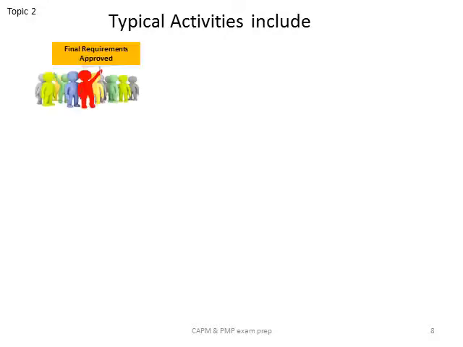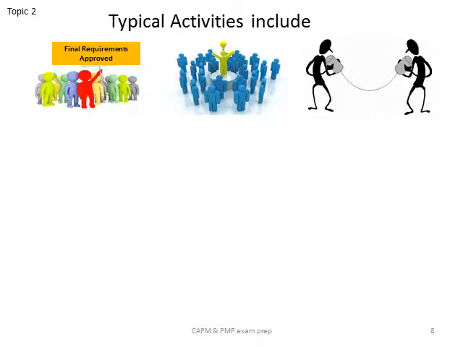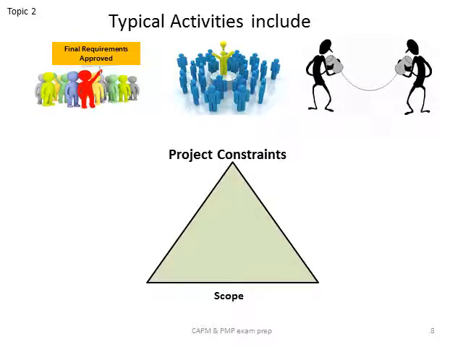Typical activities include identifying and finalizing requirements, managing stakeholders, communicating, balancing the project constraints of scope, what is needed, quality, to what standard does the project need to be compliant to, schedule, what time frame, budget, how much funding is required, resources, what human and other resources are needed, risk, what risk does this undertaking actually present.